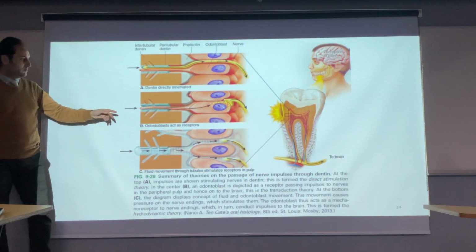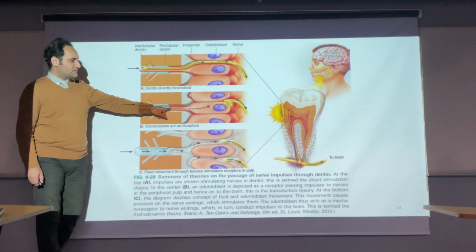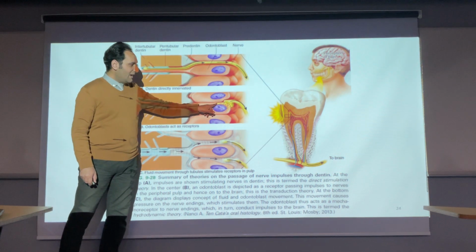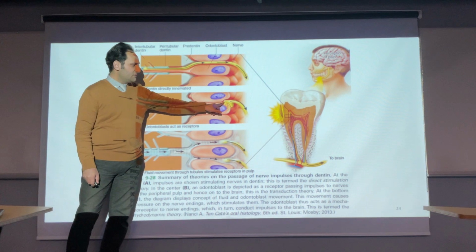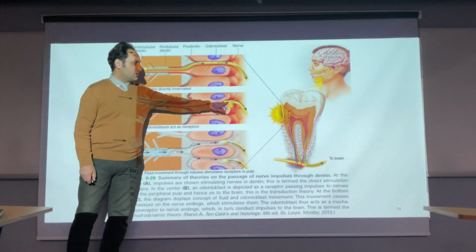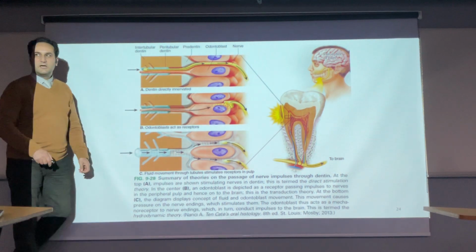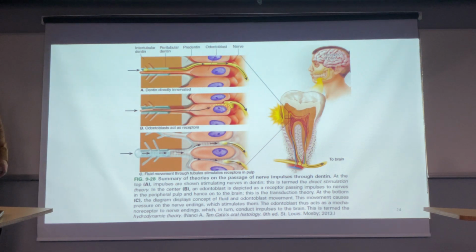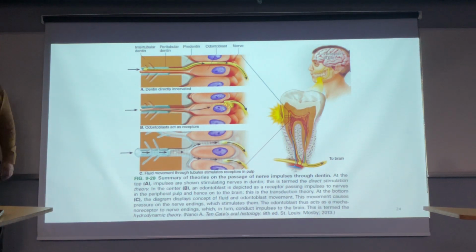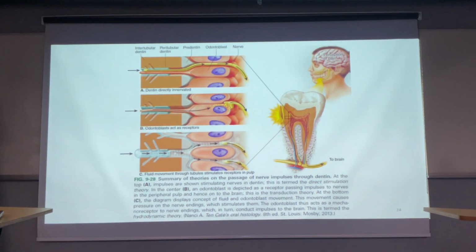Pain-inducing molecules enter the cytoplasm of the odontoblast, are transduced by the odontoblast, and are released into the basement part, directly stimulating nerve fibers present in the basement part of the odontoblast. And from these nerve fibers, the pain can transfer.